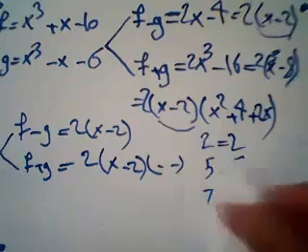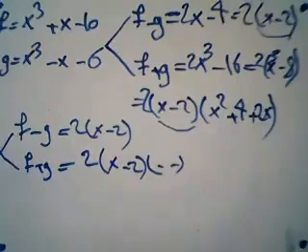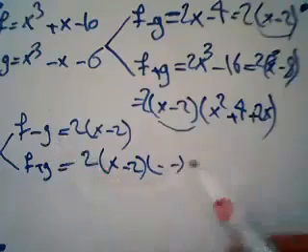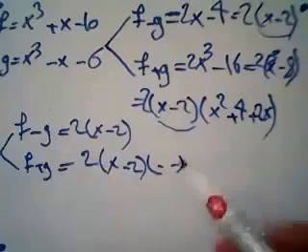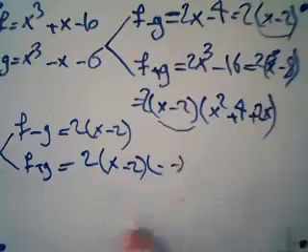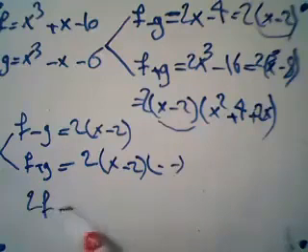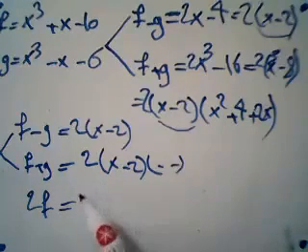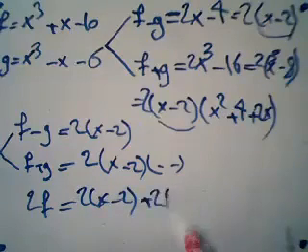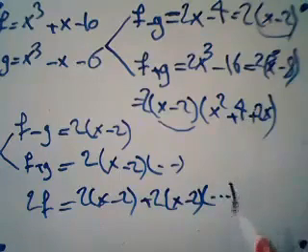So after adding these two, the two g cancel each other out, and what got left is 2f equals 2x minus 2 plus 2x minus 2 times this.